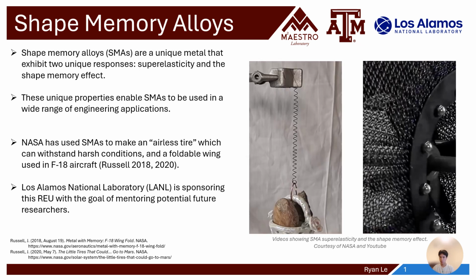This next video shows the superelasticity. So we're going to see that this tire is being driven over mock lunar terrain, and even though it gets deformed by certain rocks and uneven terrain, it recovers itself.